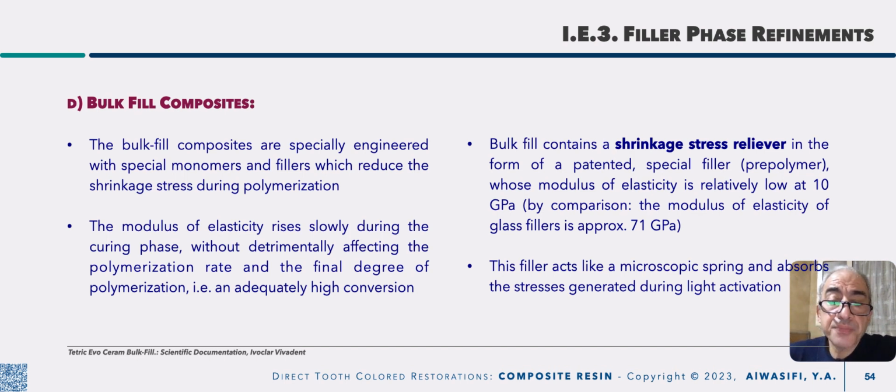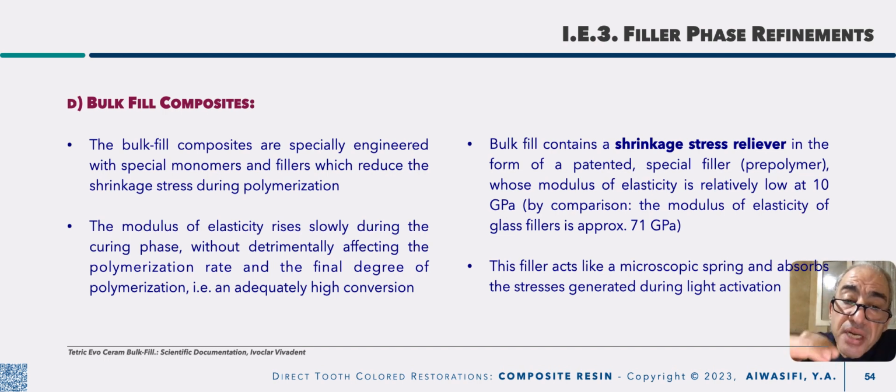Number one, bulk fill composites contain a shrinkage stress reliever. It's a special filler of prepolymer, in addition to your conventional filler.